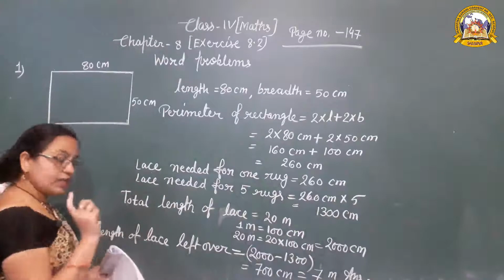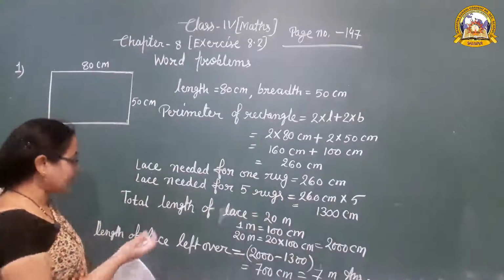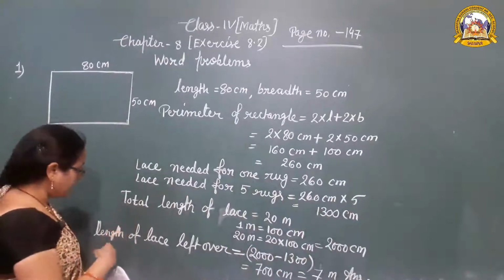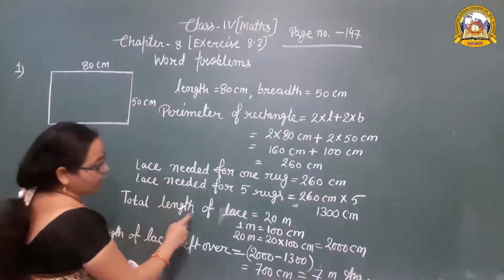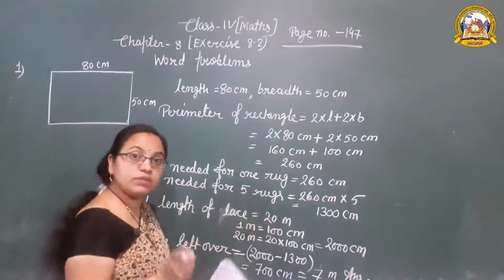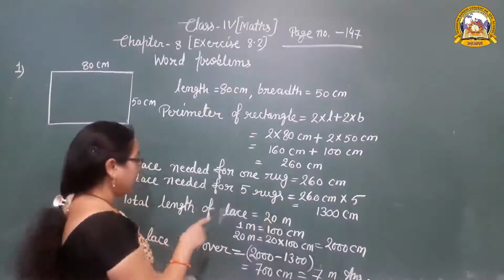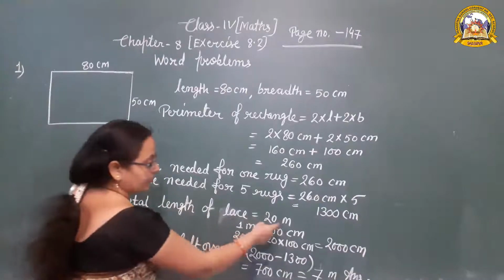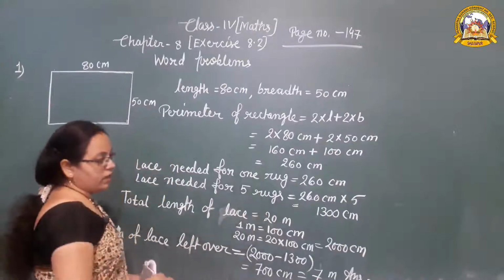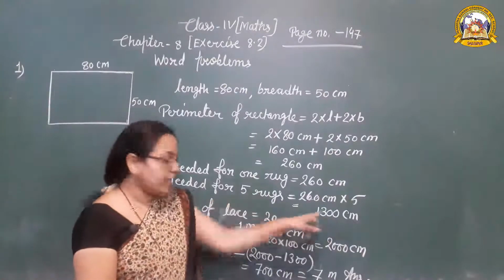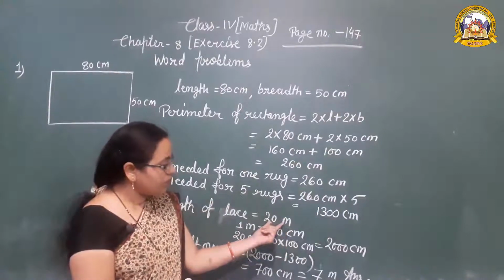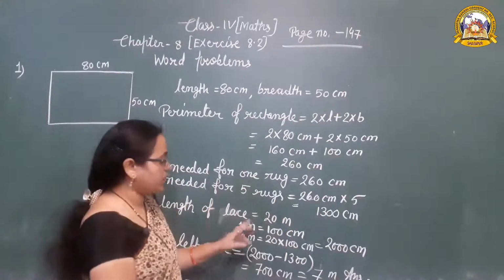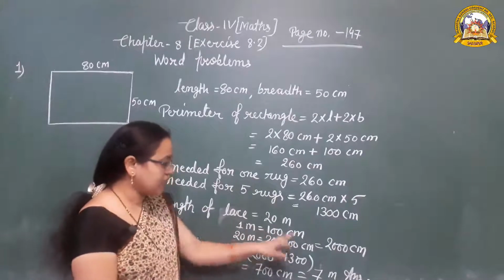Then the third question asks, what is the length of the lace left over? First, the total length of the lace is given as 20 meter in the book. But one number is in centimeter and this number is given in meter. First we convert this number into centimeter. 1 meter is equal to 100 centimeter.